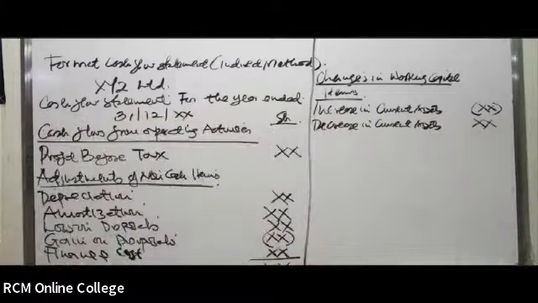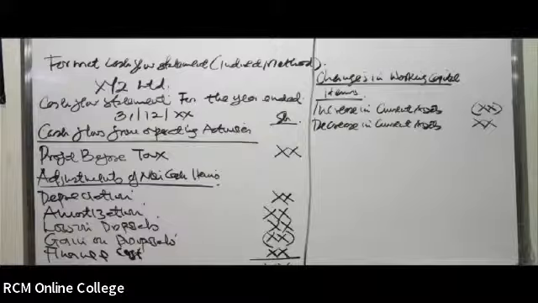So they operate like that. If those current asset items increase, you deduct. But if they decrease, you end up having to add. So a decrease in the current assets, you add.